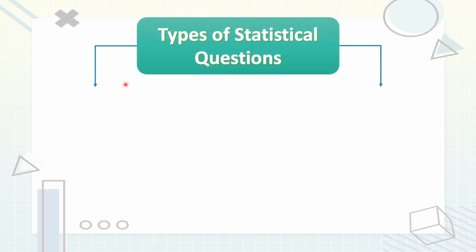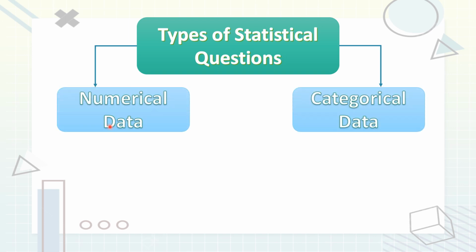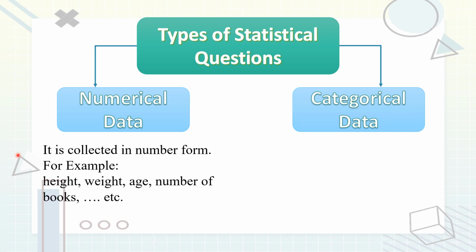Okay, now we have two types of statistical questions, numerical data and categorical data. Numerical data is collected in number form. For example, when we ask about height, weight, age, number of books, all of these questions have numerical answers.